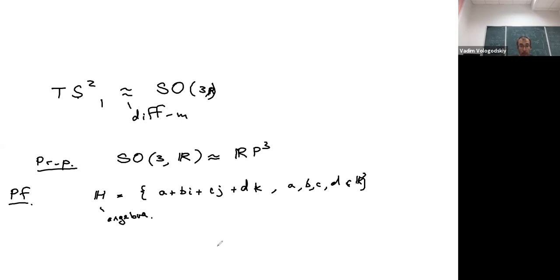So if you have a quaternion, say Z, then you can define its norm to be: norm squared is equal to A squared plus B squared plus C squared plus D squared.